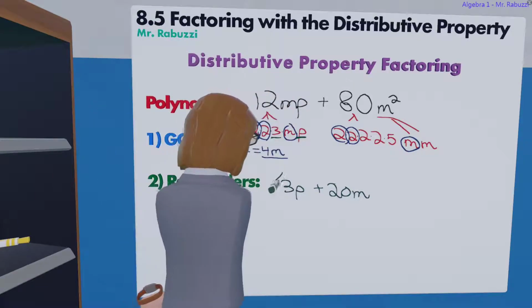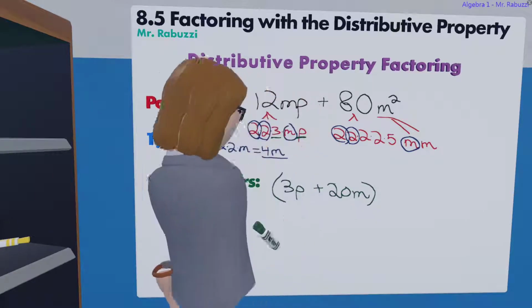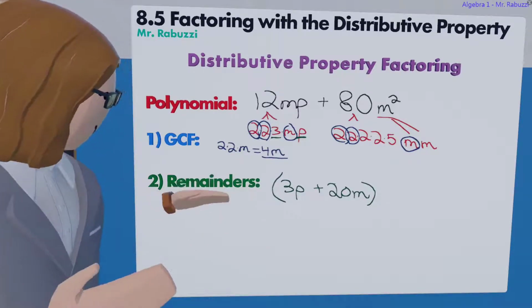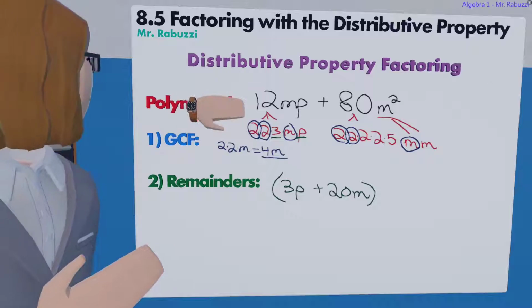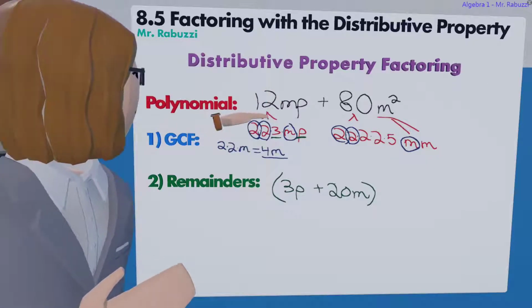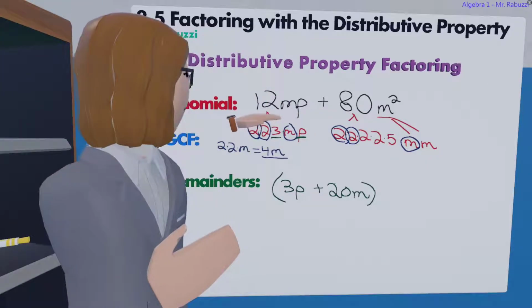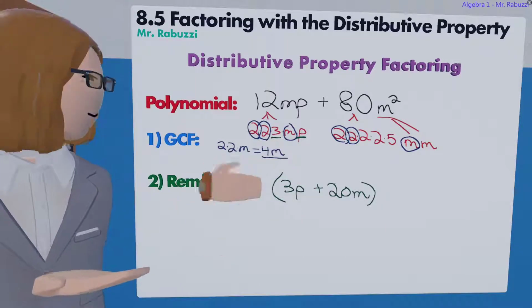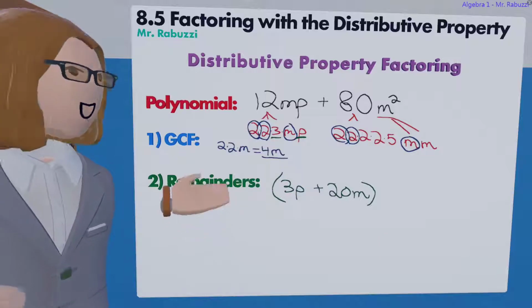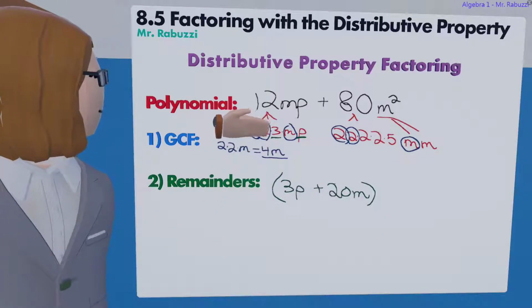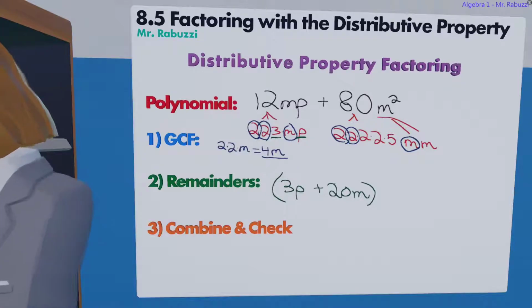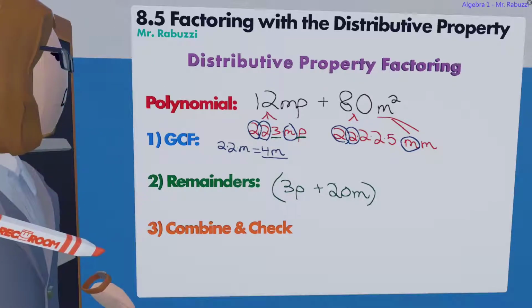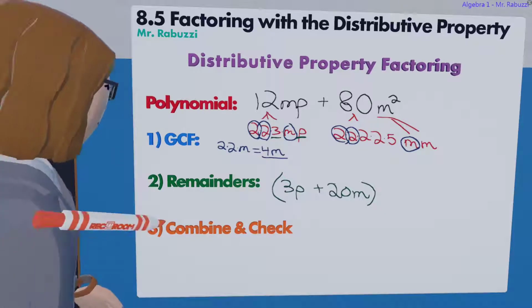We put the remainders in their own parentheses. Now we have our two answer pieces. We have two factors of our original polynomial. This was our original problem, and we factored it into two things that multiply together to make it. Just like you can factor 10 into 2 times 5, we factored 12mp plus 80m squared.